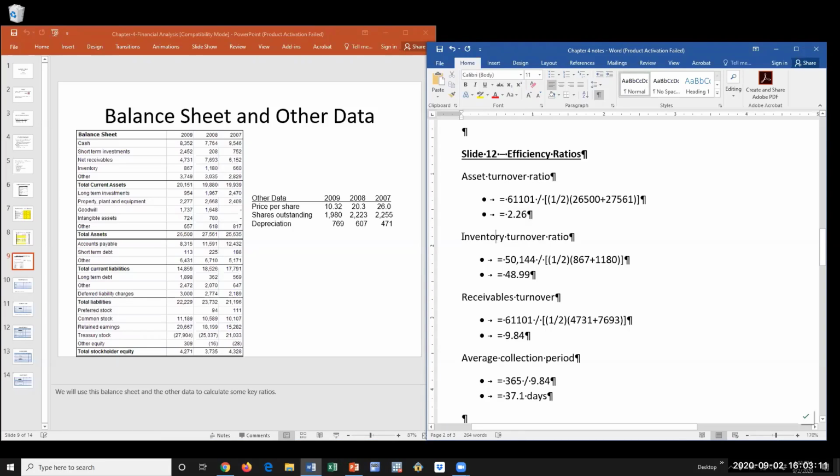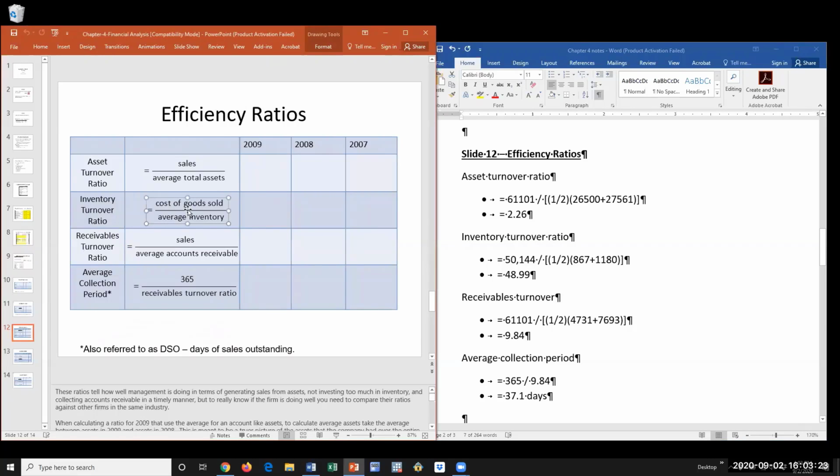Same thing with the inventory turnover ratio right here. For that one, we're going to take cost of goods sold right here and divide it by average inventory over the year. And so cost of goods sold, we can pull that from the income statement.